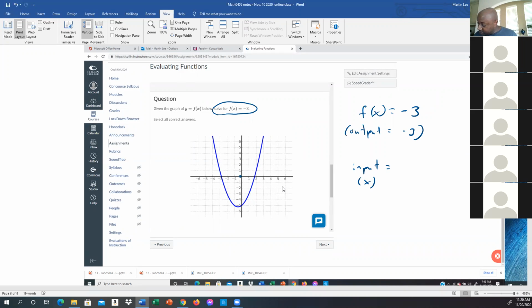So I start at the origin, I go down to where f of x, okay, this is f of x. f of x equals -3 is here. So now I go over to my graph, I go to my left, I intersect it here. Now to find the input value, I go up to the x-axis and I see one input value is -2.